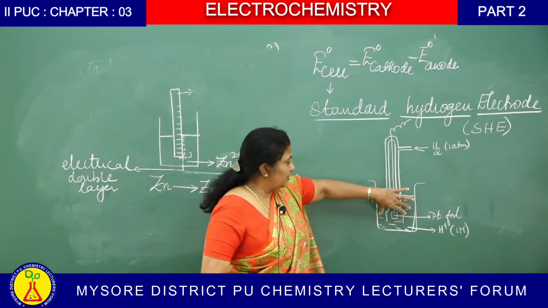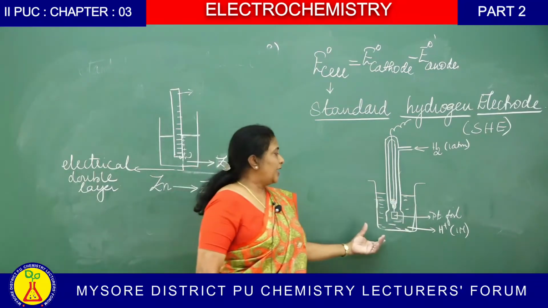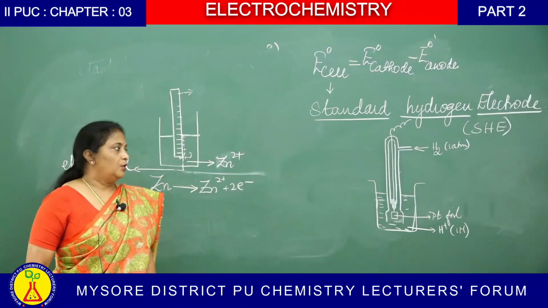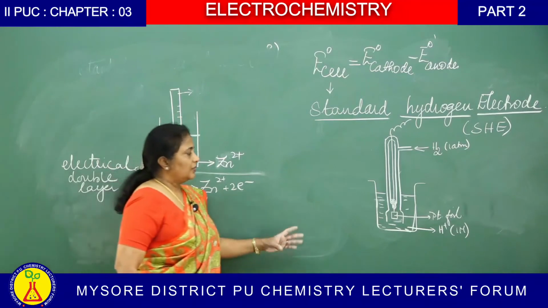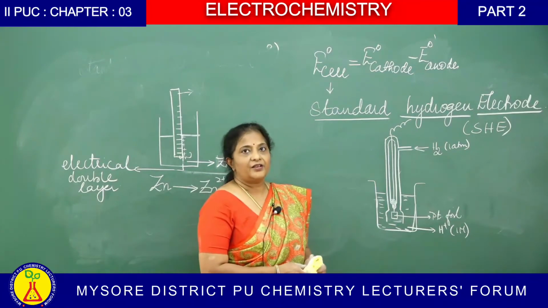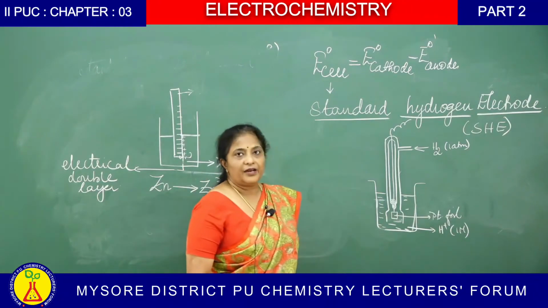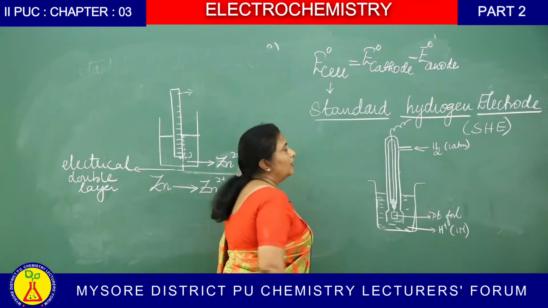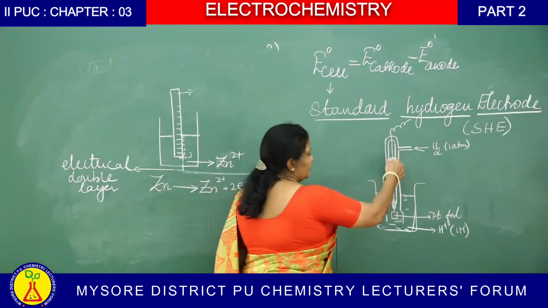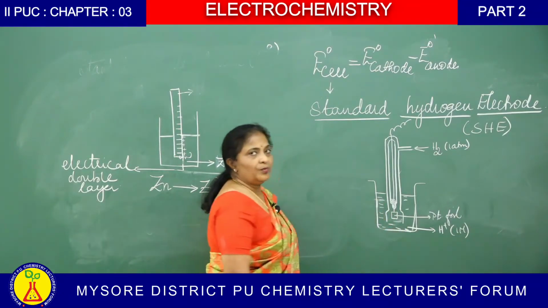Now, this electrode is dipped into a solution of HCl, which has a molarity of 1 molar. So, this electrode is called the standard hydrogen electrode. How does this standard hydrogen electrode work? When the hydrogen gas is passed through the outer tube at 1 atmospheric pressure, it comes in contact with the platinum foil.